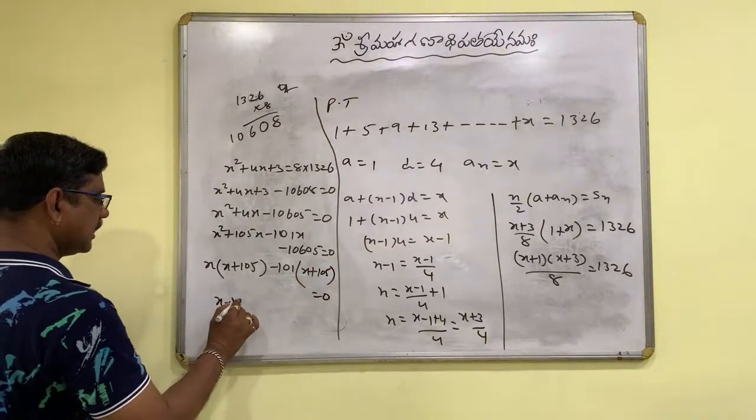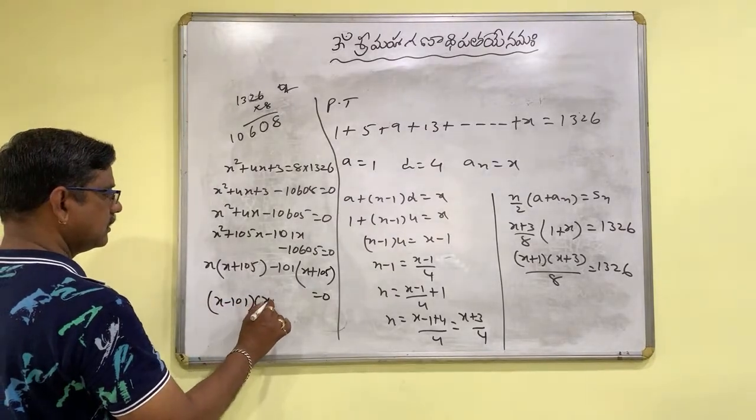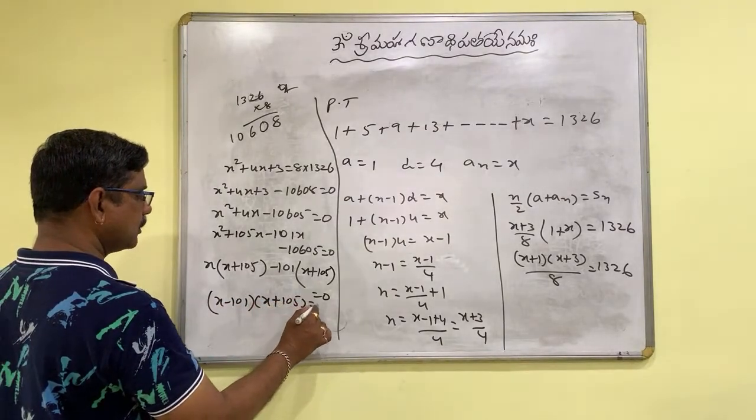So x minus 101, x plus 105 is equal to 0.